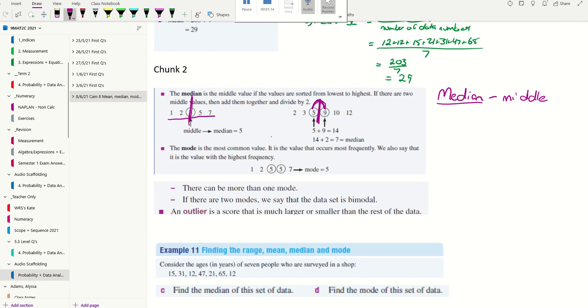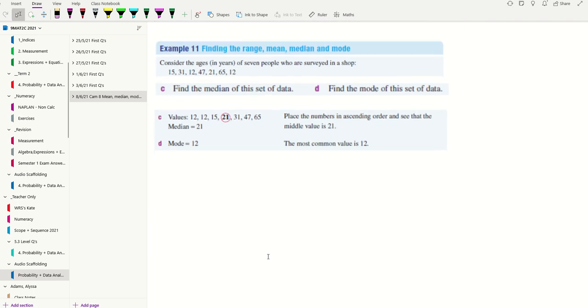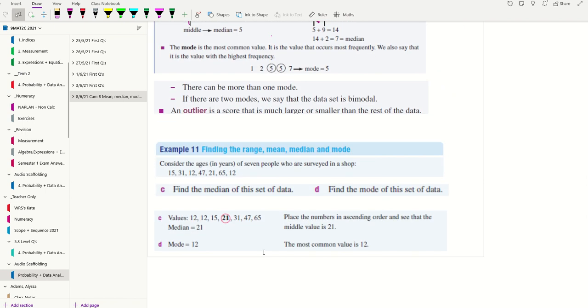Okay, so let's have a quick look at this down here. We will find the median now of this set of data. The first thing I have to do to find the median is to write them out in order. So I've got two 12s, I've got a 15, a 21, a 31, a 47 and a 65.